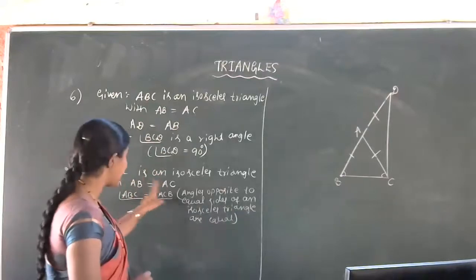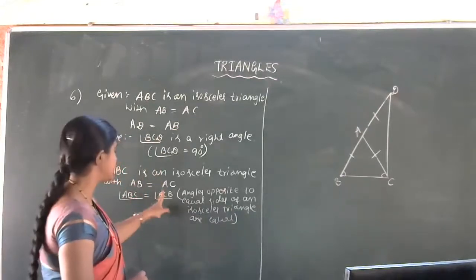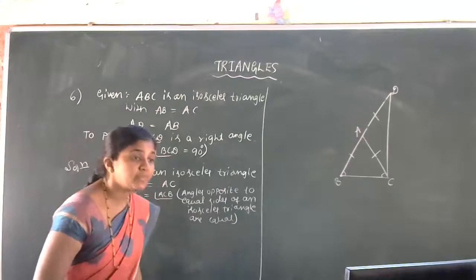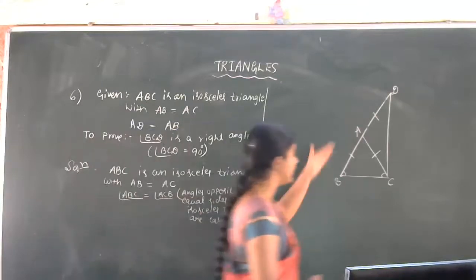See here, this angle is equal to this and this angle is equal to this. Now we have to take the angle sum property of the triangle BDC.